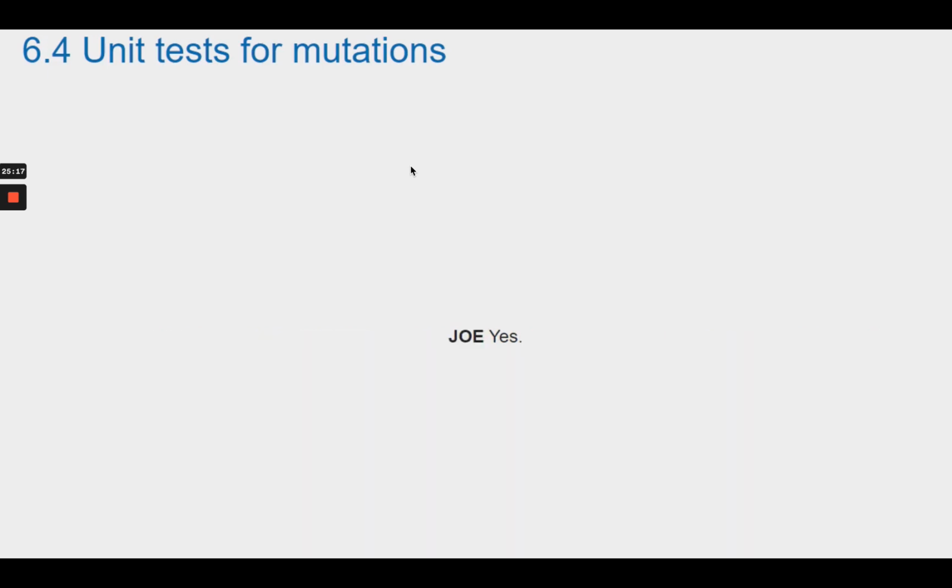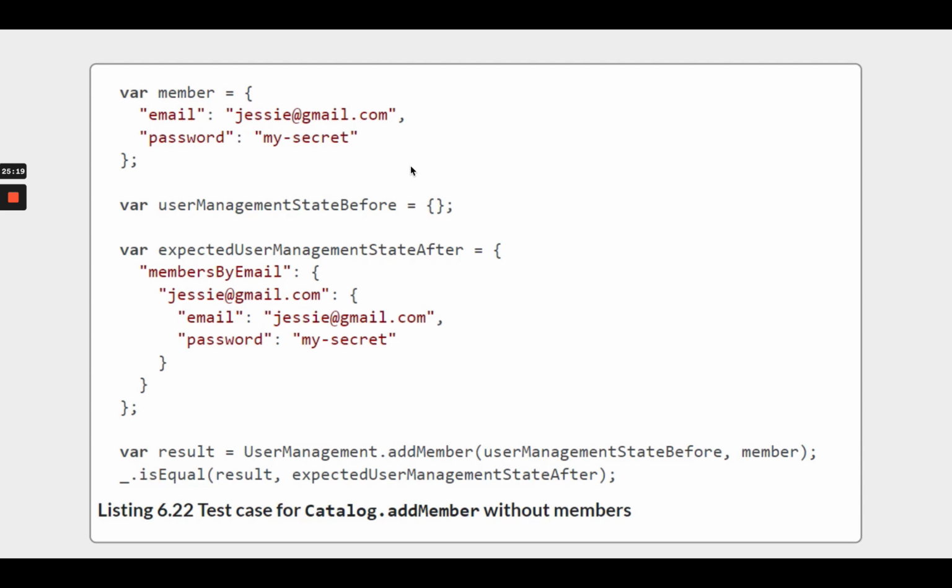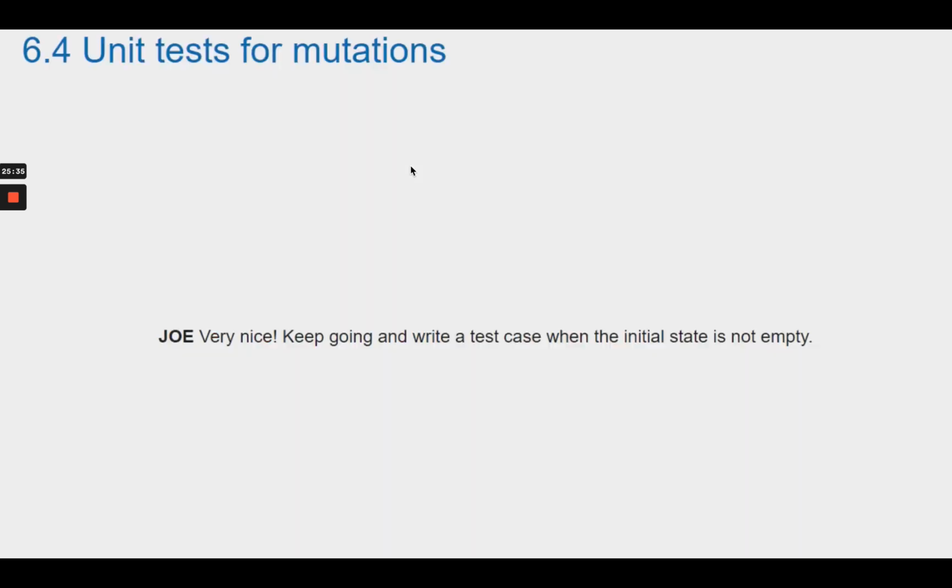Joe: Yes. Once again, Theo places his hands over his laptop keyboard, thinks for a moment, and begins typing. He reminds himself that the code needs to add a member to an empty user management map, and to check that the resulting map is as expected. When he's finished, he shows his code to Joe.